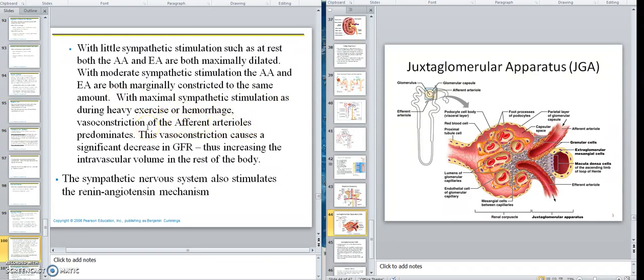That means not as much GFR, to give more circulation to the muscles if you're exercising, or to hold on to water if you're hemorrhaging, to perfuse the brain. This vasoconstriction causes a significant decrease in GFR because the afferent arteriole is being vasoconstricted, right? Can't bring as much in, so you can't filter as much. And the sympathetic nervous system also can directly stimulate the renin-angiotensin system.